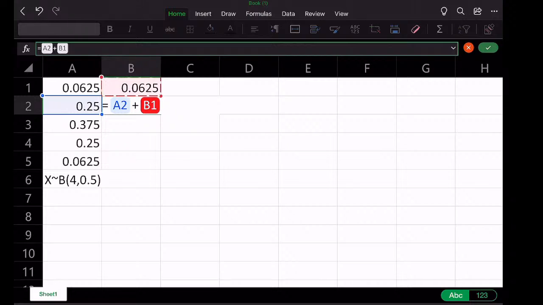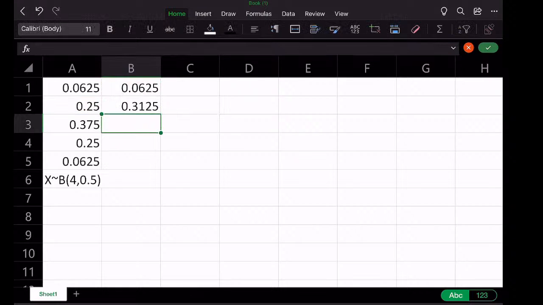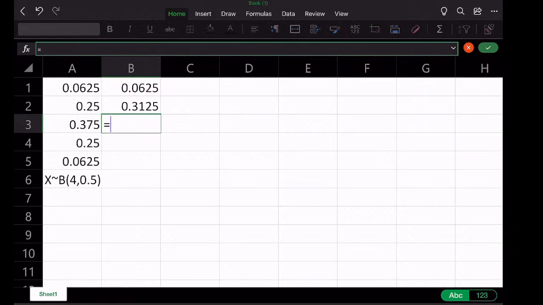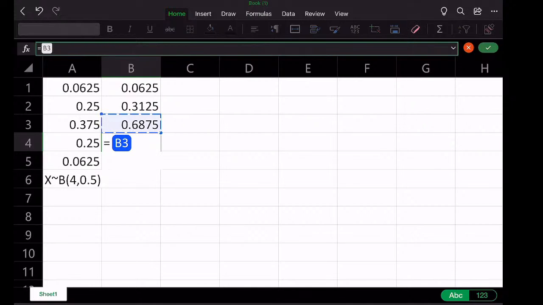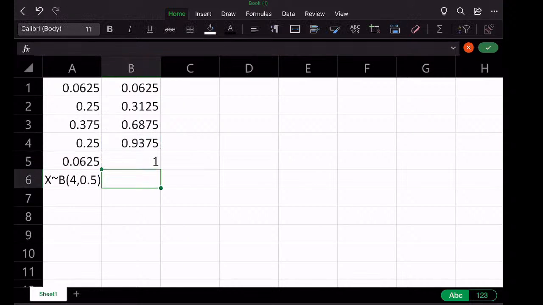Is that wrong? What's wrong with that? Oh, it worked. Okay, then this plus the next one. And that's what cumulative means. And the last one should always be 1. Okay?